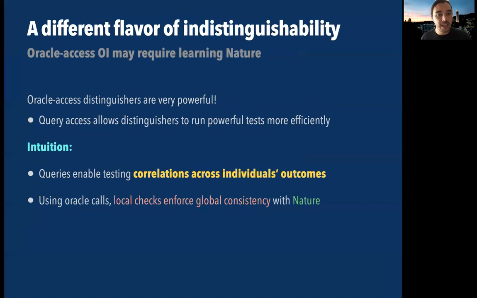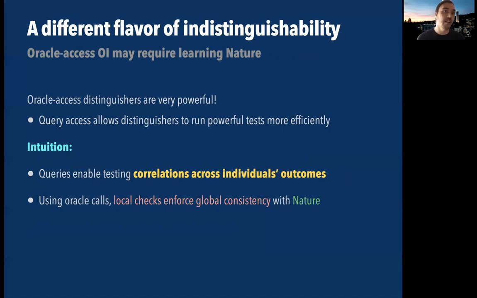Good. So the main takeaway here is that Oracle Access is actually a very powerful property in distinguishers. If you allow the distinguishers to query the predictive model in question, to query P tilde, they can do things that they couldn't do if they only had passive access in the same amount of time. Intuitively, part of the reason that this happens is that the distinguishers can check for correlations across the outcomes of various individuals.